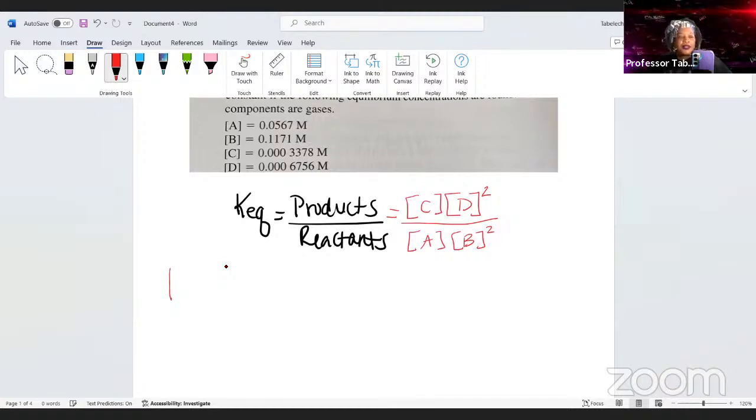So for my KEQ, let me zoom out a little so y'all can see the full screen here.